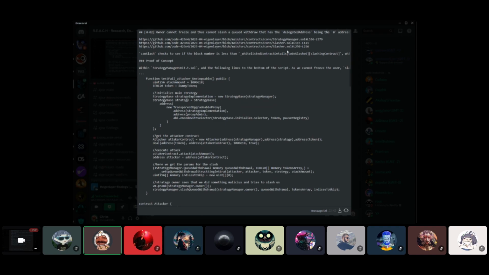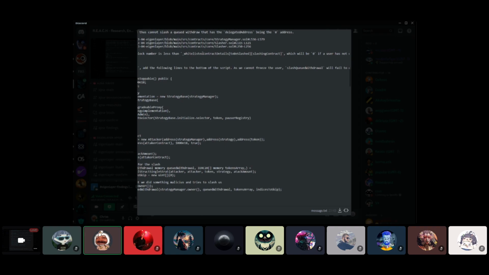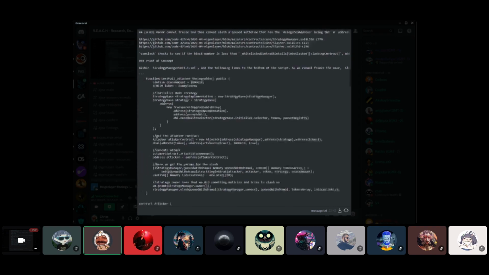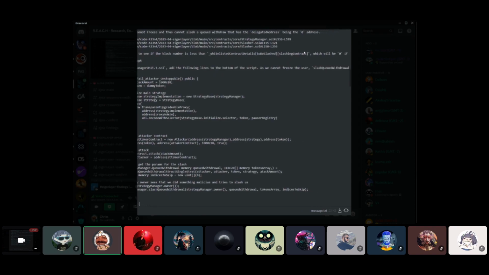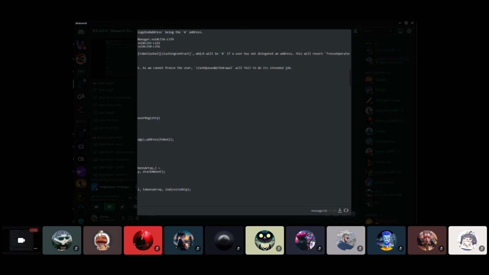And then the issue is because of a check, I believe. There is a canSlash modifier which checks that the block number is less than, what was it, I believe the amount of time that is set to allow the user to actually withdraw their money afterwards, after they request a refund, which will be 0 because the user has not delegated to an address.